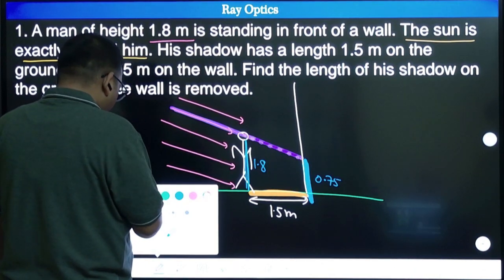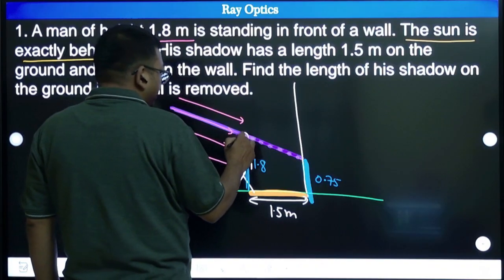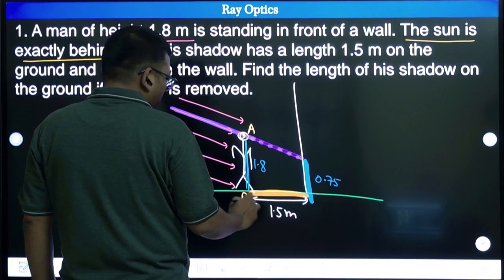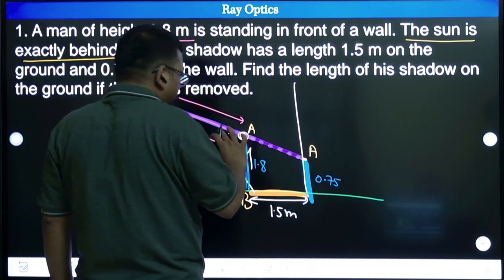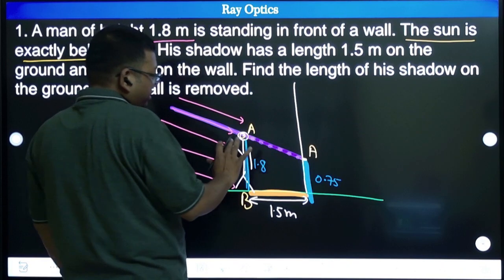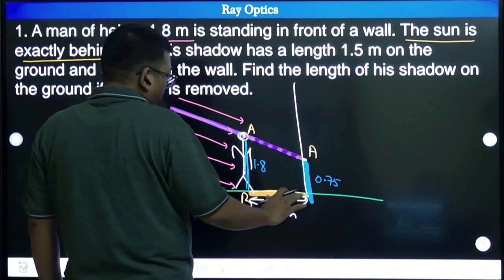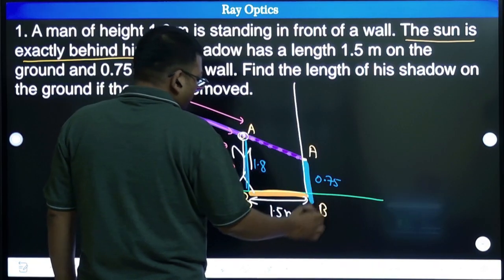You mark it. This point is A and this point is B. This A is the shadow, not the reflection, it is the shadow of that. So this is A and B.